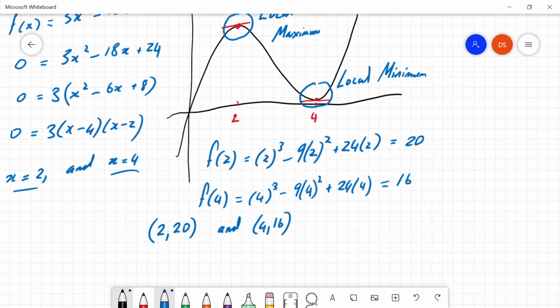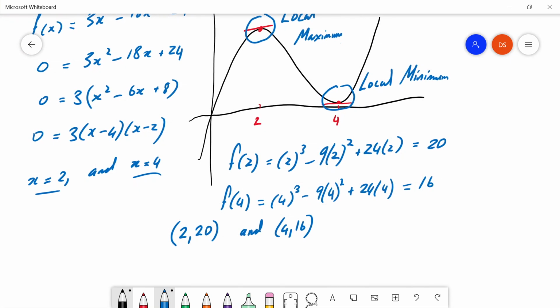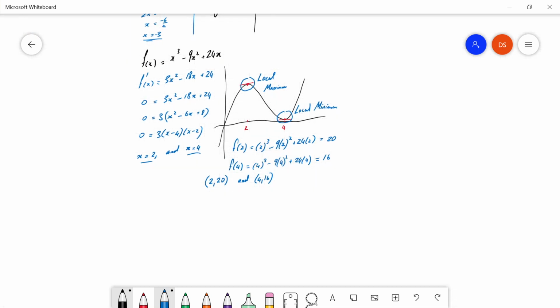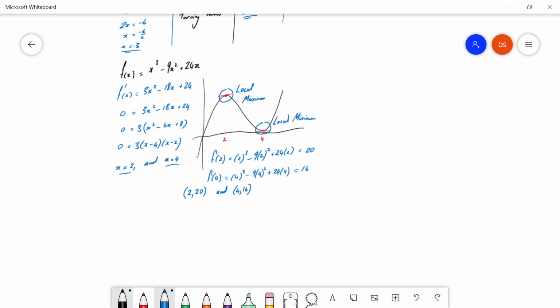Now, we can determine the nature of these stationary points using a little bit of maths. The trick is to find the second derivative of the function. So, the second derivative is where I'm differentiating this. So I get 6x minus 18.